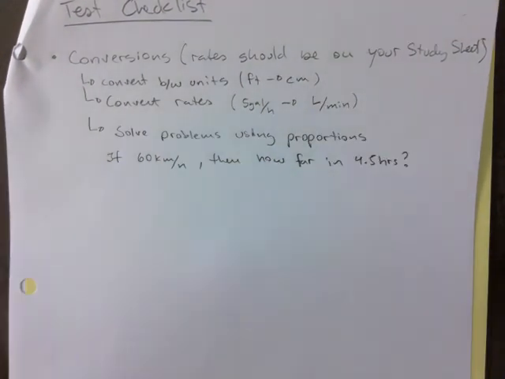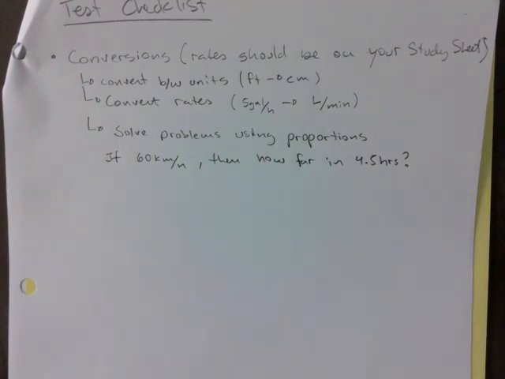Right? Something like that is a dead giveaway for proportions, right? There might be some conversion needed before. It might ask you how many miles in 4.5 hours. Don't worry about it, right? Like, you know how to convert kilometers to miles, so you might want to just figure out how many kilometers first, then convert it to miles. So it's all kind of blended together.